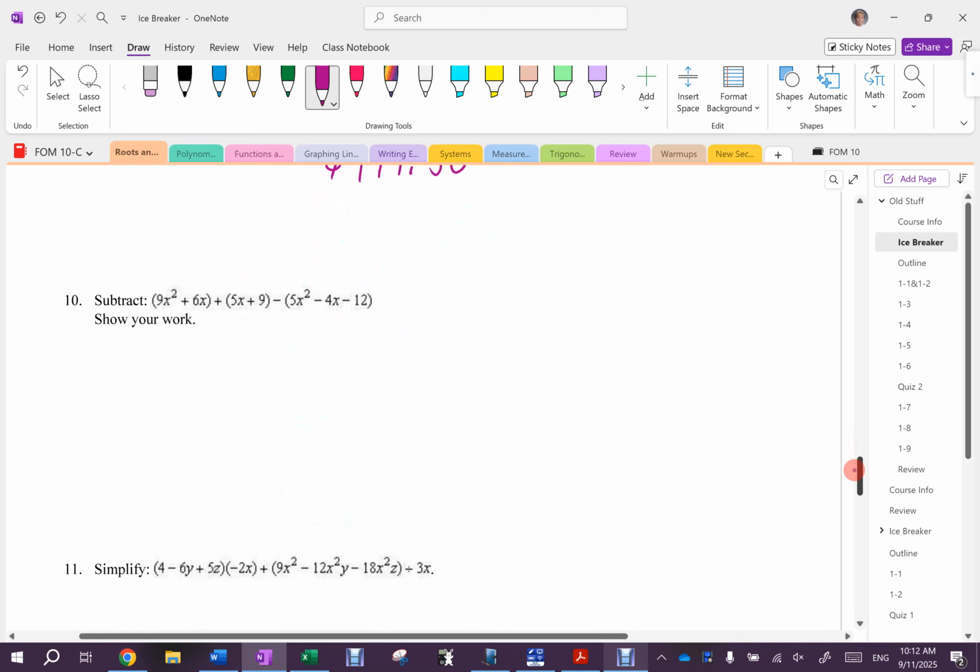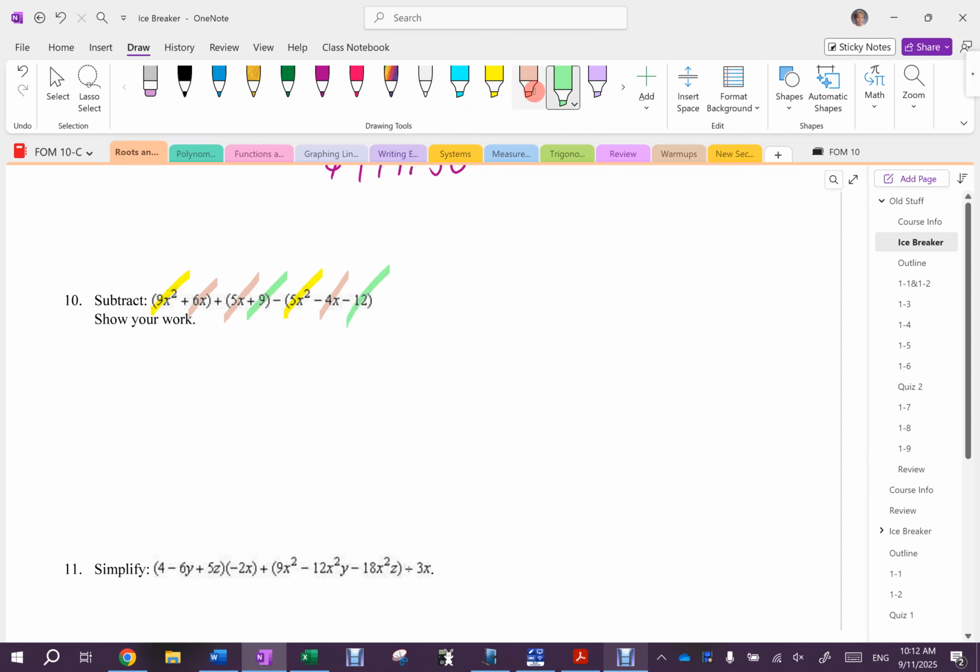I have another collect like terms question. Hey kids, how many collect like terms questions are on this warm-up? 3. More than anything else, yes? How important is it for you to be able to collect like terms efficiently, do you think? Pretty important, yes? So, I don't care how you do it. You highlight them, you circle them, you make triangles around some of them.